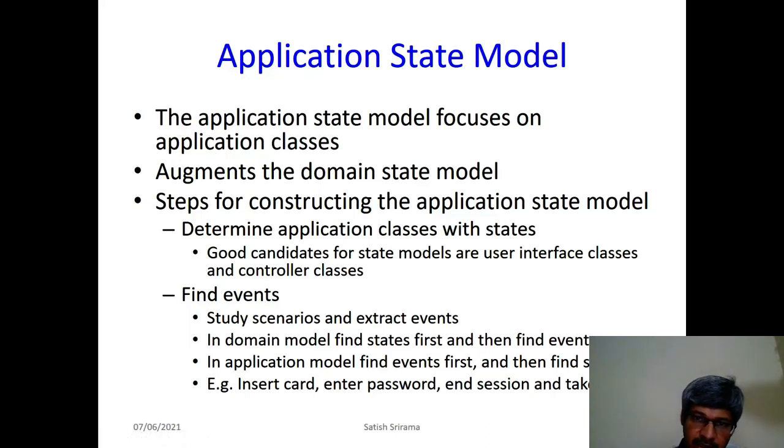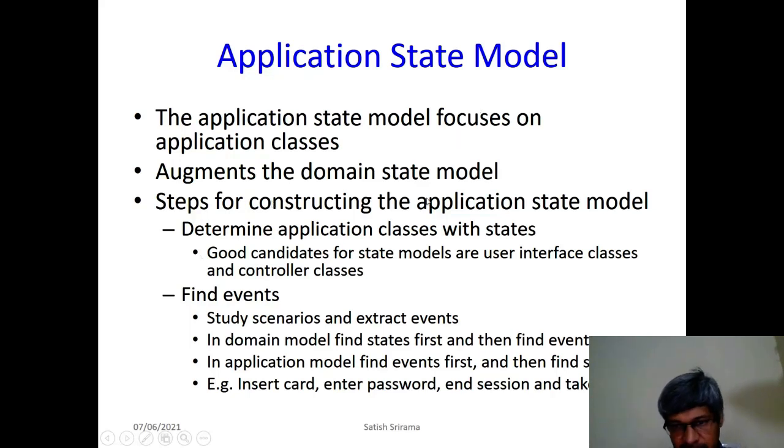The domain state model focuses on domain classes. The application state model focuses on application classes. So in that sense, the application state model augments the domain state model. It adds additional information to that.